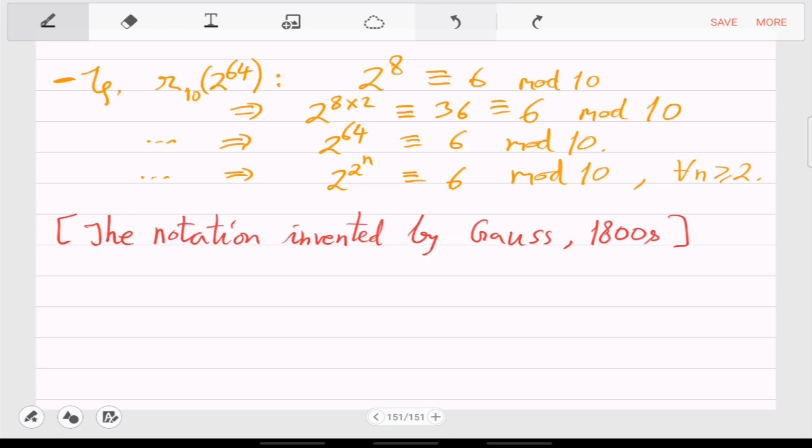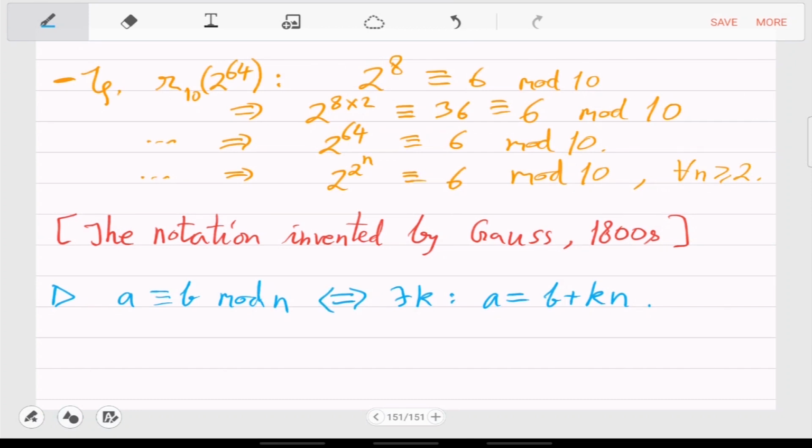So let's first write this simple property that if A is congruent to B mod n, then as we have seen, there exists a K such that A is equal to B plus Kn, right? And it's if and only if.